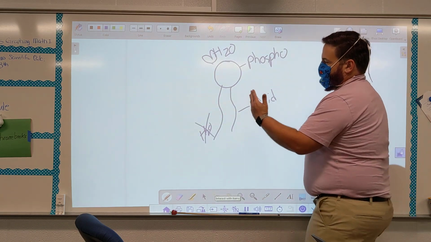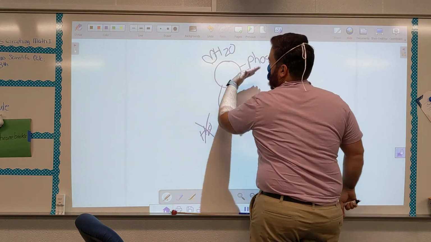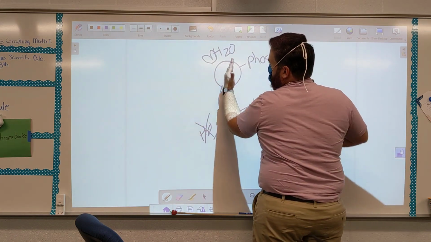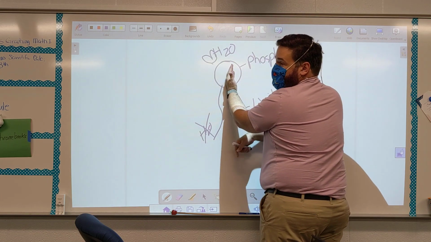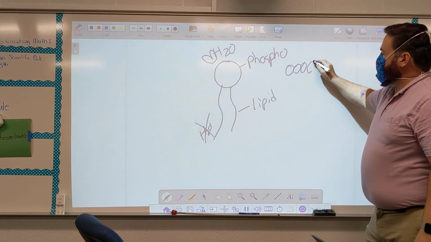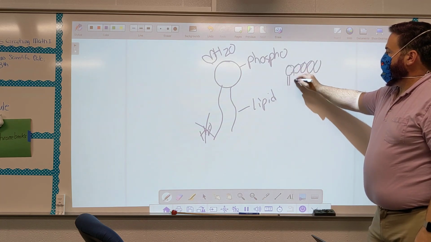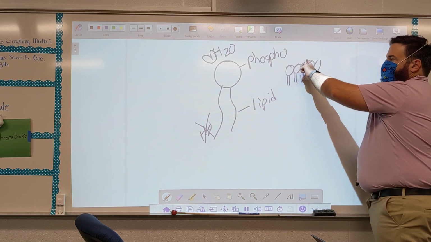Okay? So what happens is this molecule wants to just naturally orient itself so that this end is pointed towards the H2O and this end is not. And so when you get enough of these together, they can line up and they start making this thing.